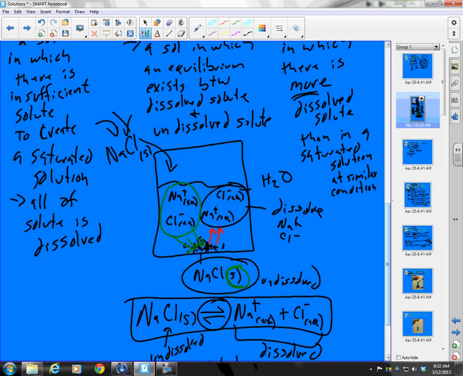And this is really an interesting animal, these supersaturated solutions. Number one, they are very unstable.